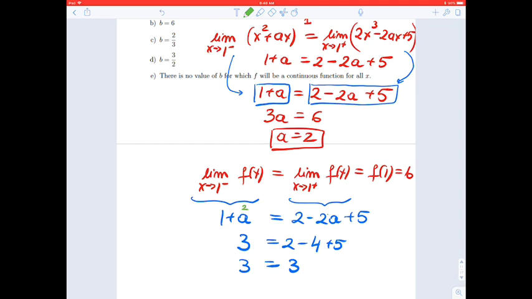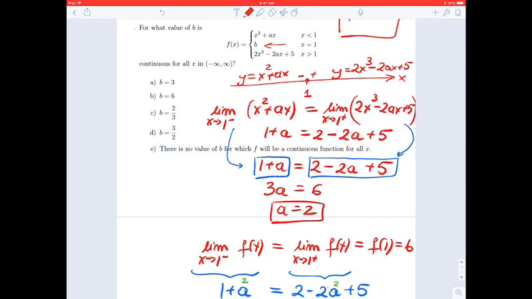A is 2. Okay, 1 plus 2 is 3. Okay, and the limit on the left, on the right hand side the same, and the value must be the same, and this is b. That's b. That means b is equal to 3, the same like the limits. And we do have this option.